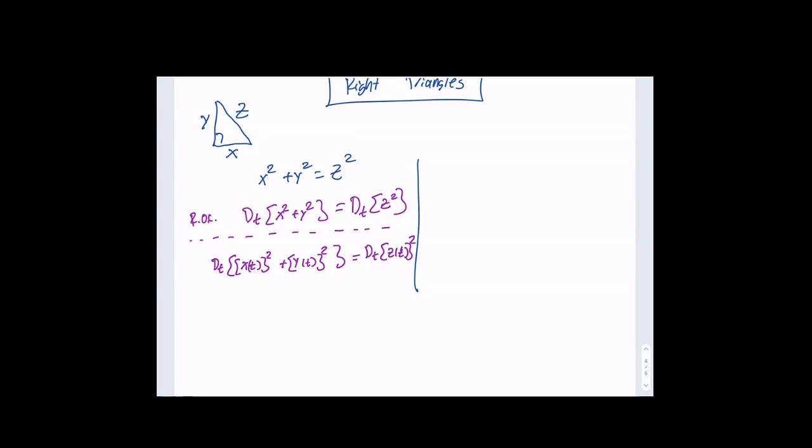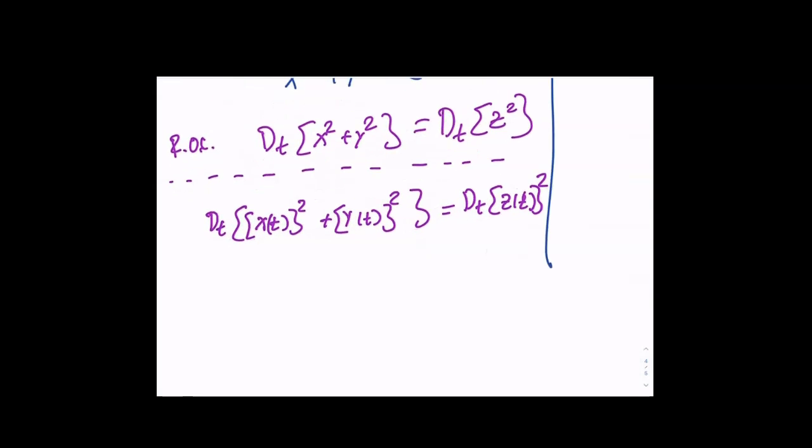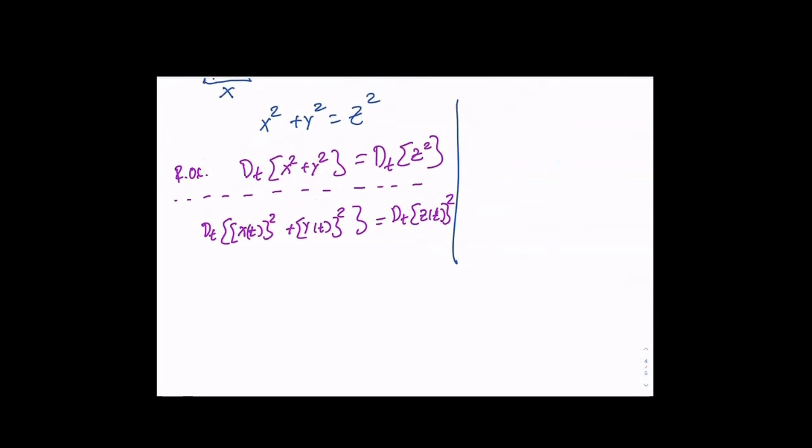So you can think of them like this. It's x of t being squared. So what's the derivative of x of t squared? Would it be 2 and then you keep the same, x of t? Yeah, so 2x times dx/dt. So it's 2x of t times x prime of t.